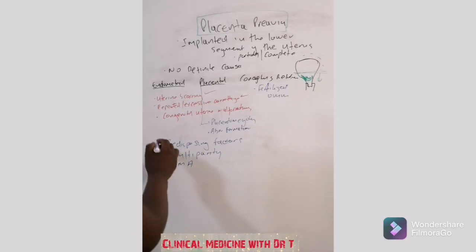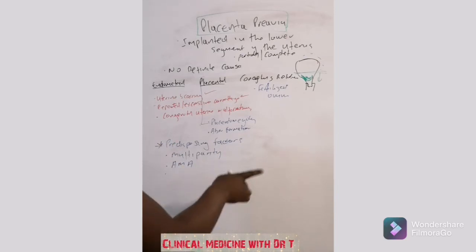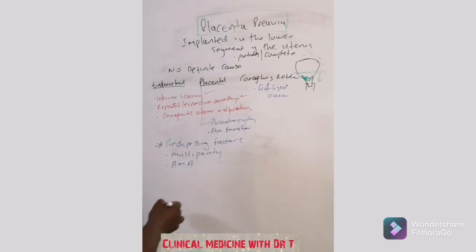So it's more likely to occur in a multipara than in a nullipara. Advanced maternal age, like I explained earlier.